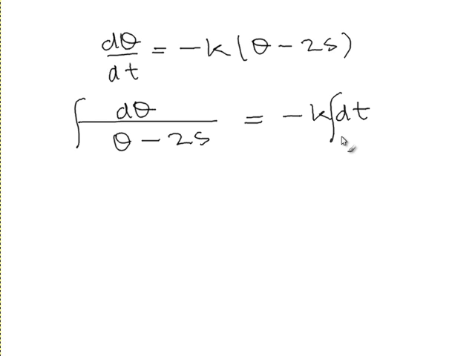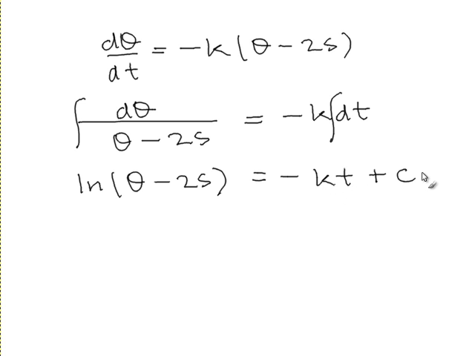These are very straightforward integrations to perform. On the left hand side we have the natural log of (θ minus 25), and on the right hand side we have minus kt plus some unknown constant of integration.